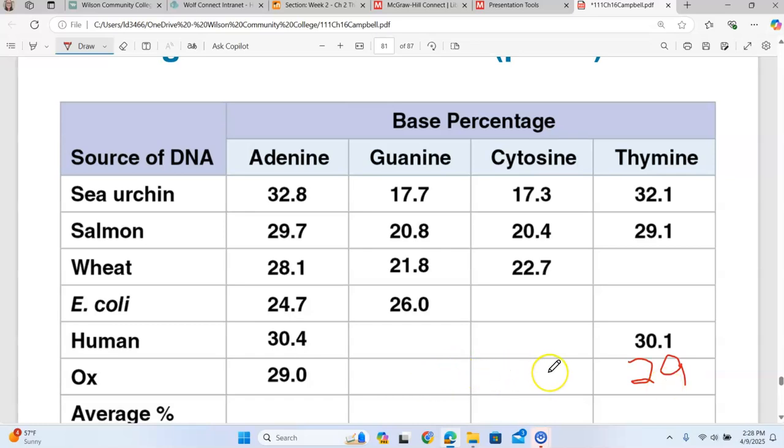So guanine and cytosine has to add up to 42, which means they're going to be 21% each. So hopefully you got that and understand how to do that. Now we just add up and make sure we get 100. 29 plus 29 is 58. 21 plus 21 is 42. And 58 and 42 equals 100.